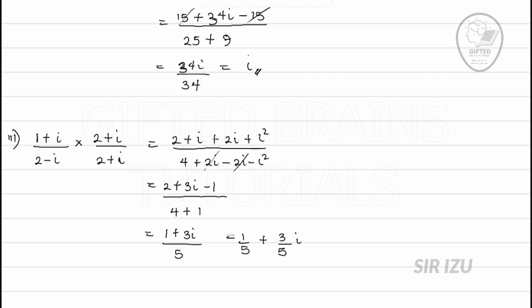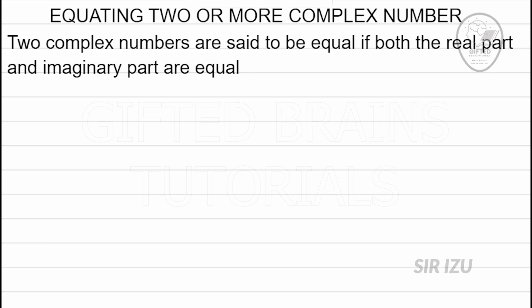Now let's take equations involving complex numbers, equating two or more complex numbers. You see, two complex numbers are said to be equal if both the real part and imaginary part are equal. What I mean is that, for instance, let's say we have x plus yi equal to 2 plus 3i.